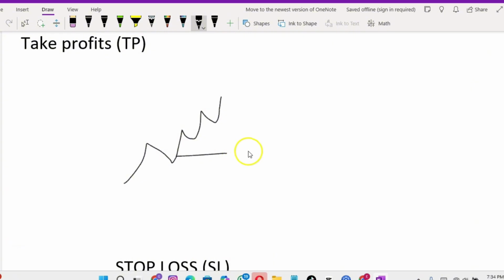For example, we place a trade here to buy. We are buying somewhere around here, and we set our take profit here. Now, if the market should get to this level, it's going to take us out of the trade in profit.